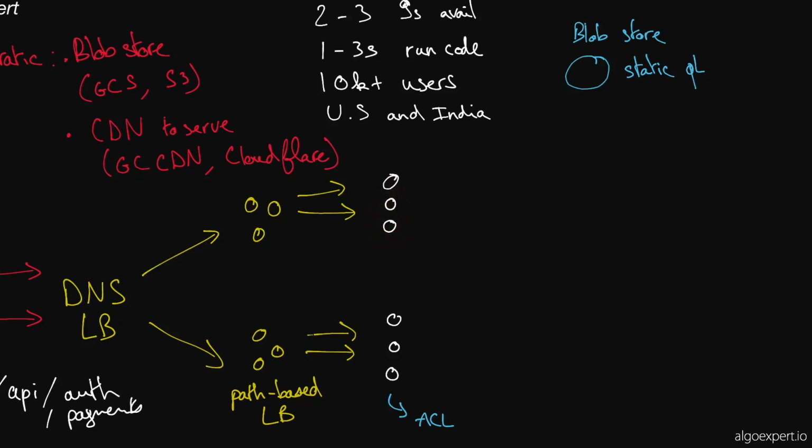The application servers do the ACL check. So I'll write one up here as well, ACL. And then depending on the ACL check, they request something from the blob store, or perhaps here we could have them request the questions list from the blob store, then make the ACL check and parse content out of whatever they got from the blob store.